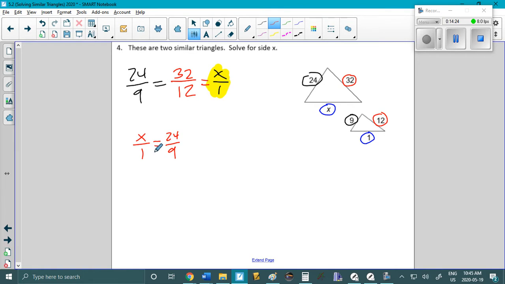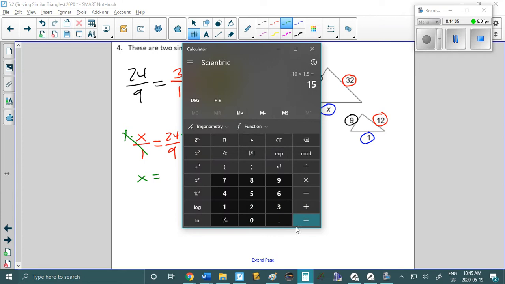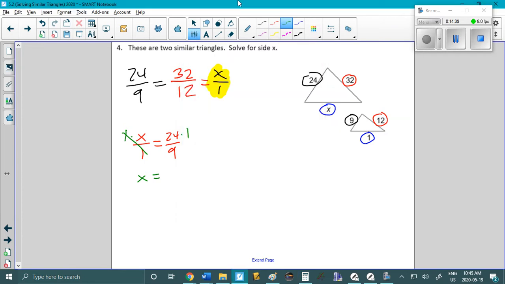And from here, it's exactly the same as what we were doing previously. So to get x by itself, I multiply by 1, cancels. X equals 24 times 1, which is 24, divided by 9, and we get approximately 2.67. Okay, that's it.